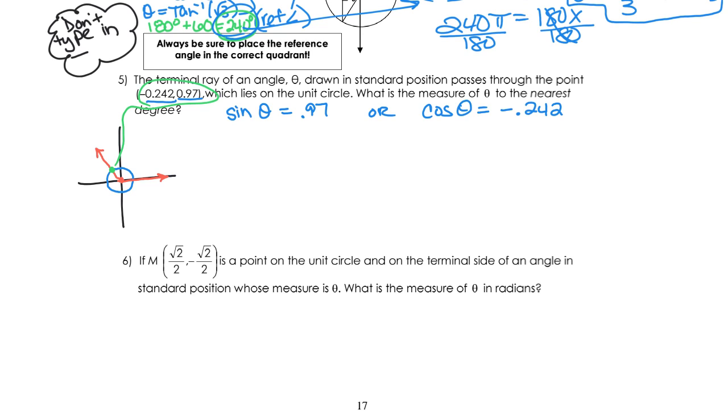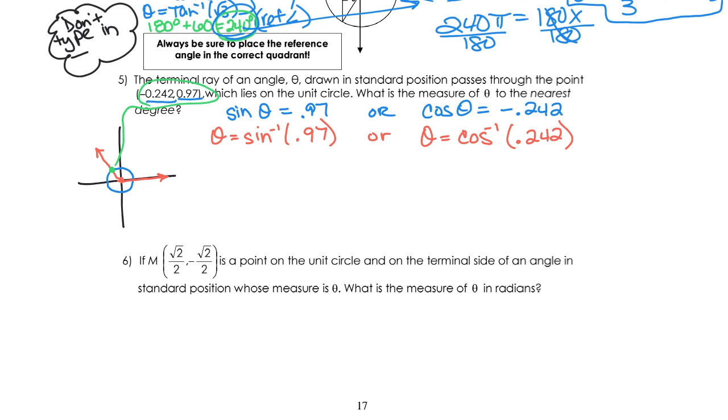Now we can use either one of these equations to solve for theta. Just remember you have to use your inverse keys, so it'd be sine inverse of 0.97, or we can type in theta equals cosine inverse, and we're not going to put the negative, so that we end up getting the same answer for either one of these.